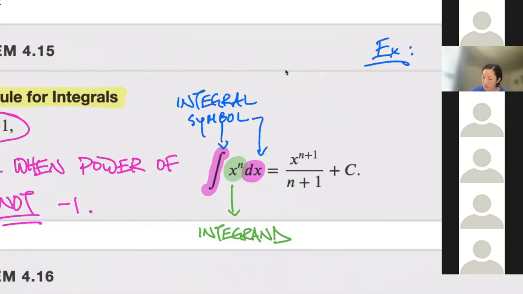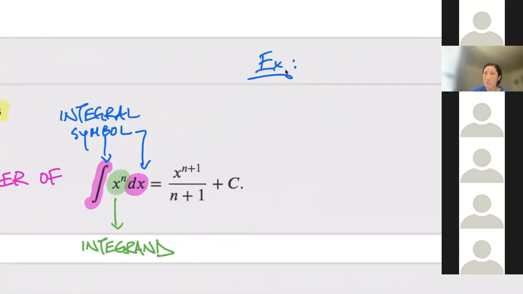Okay. So a lot of new vocabulary, but let's practice the process here. So if I have the integral of x to the 7th dx, okay, remember, if I have that squiggly symbol, I have to have the dx at the end, then I might notice that my integrand, this x to the 7th, is x to some power.